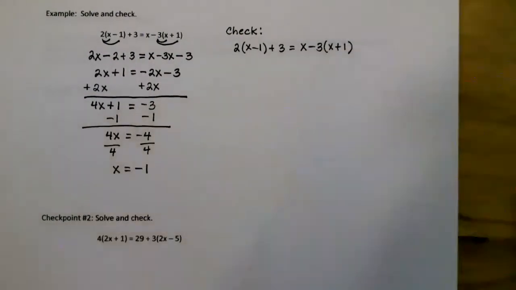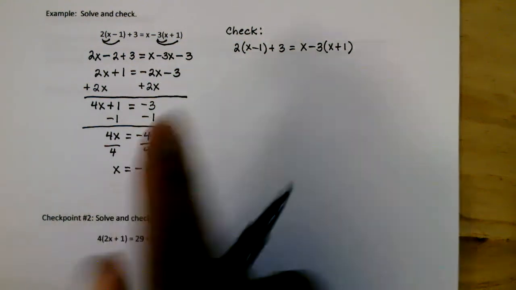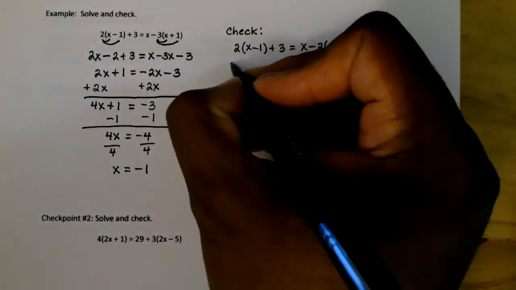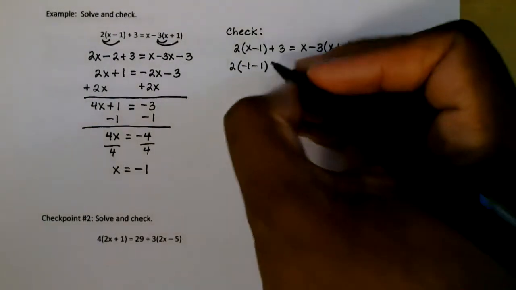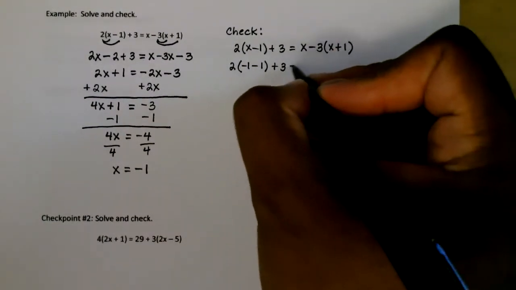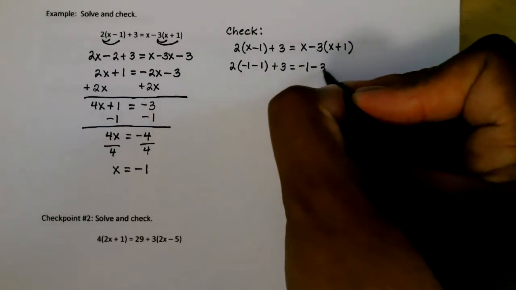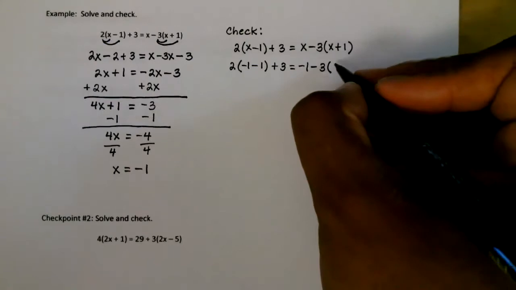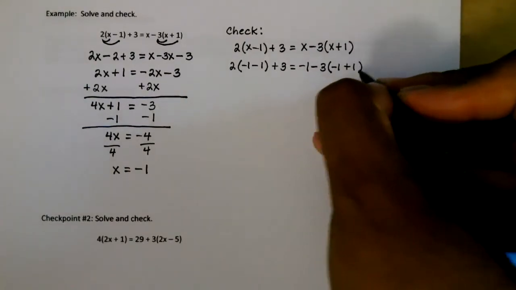And for each and every x in this equation, I'm going to substitute it with -1. So this will be 2 times x substituted with -1 minus 1 plus 3 equal that x substituted with -1 minus 3 times parentheses x again, -1 plus 1.